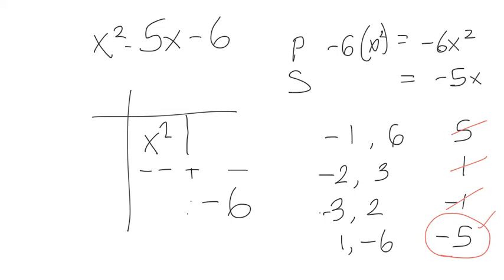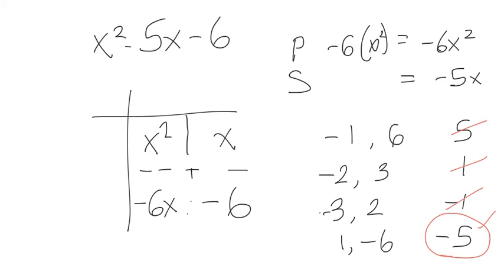Those two numbers added together give me negative 5. So now that I've found the two numbers that obey my product and sum rule, I just need to go back to my chart and write in 1x, you normally just leave off the 1, 1x there, and negative 6x in there. All right, now I'm cooking.